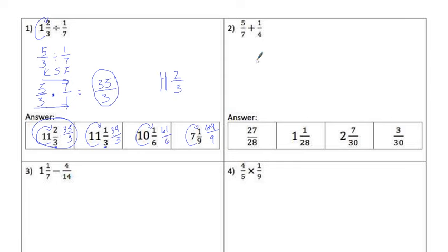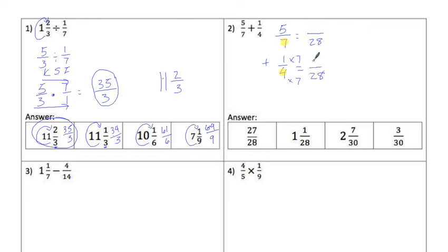The next one is an adding problem. Remember, add, subtract, stack, and rack. So 5/7 plus 1/4. Common denominator between 7 and 4 is going to be 28. So we're going to set them both equal to a denominator of 28. 4 times 7 is 28.